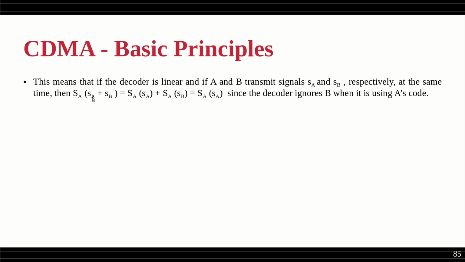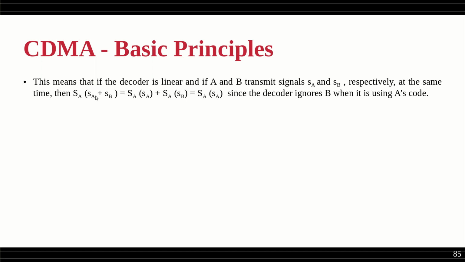So SA is a pattern being sent by A, it can be 1 or 0. If it is 1, its chip code will be sent as it is. If it is 0, its complement will be sent. Similarly for B, whatever it is, and the combined signal is received by the receiver, which is trying to decode it using A's chipping code.